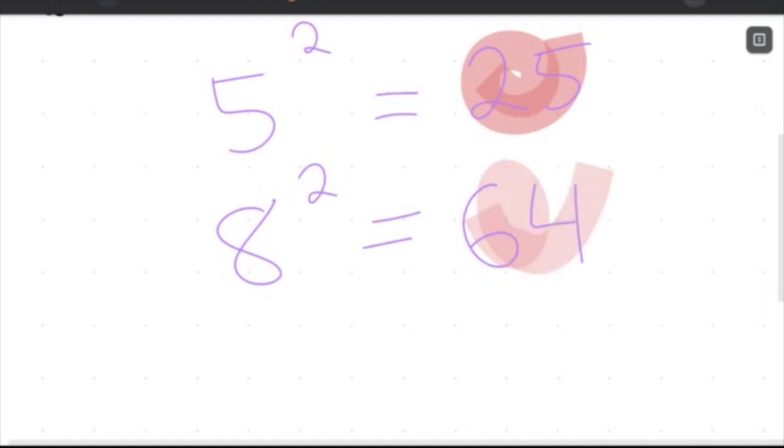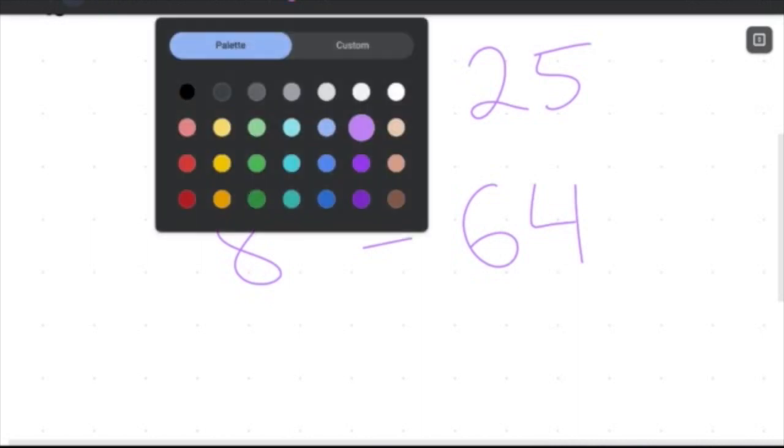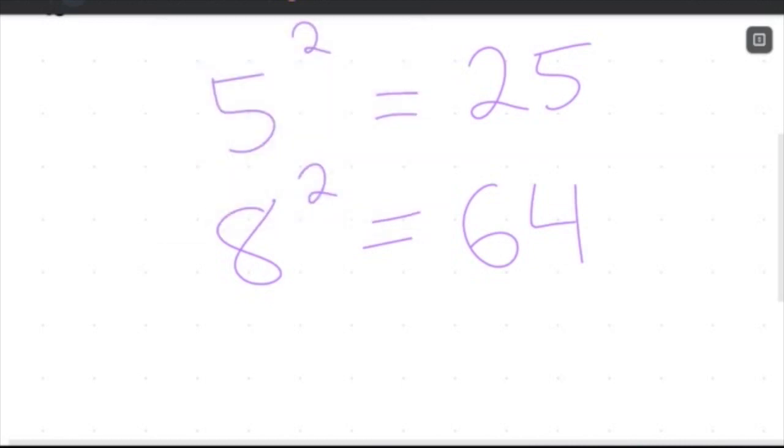Now, all of these numbers that we get when we times a number by itself, so this 25, this 64, think back to 2 times 2 gives me 4, and 3 times 3 gives me 9. The numbers we get as a result, we have a special name for these.